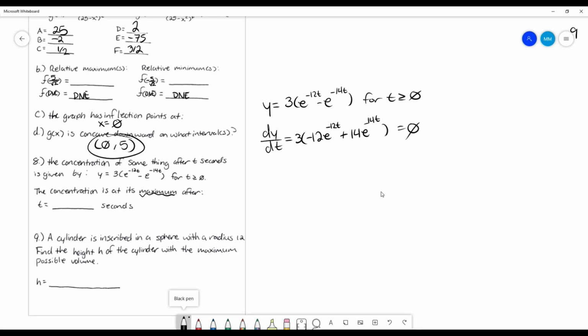Now we see that 3 doesn't matter, so we just get this here. And let's see. So I think I might add this.